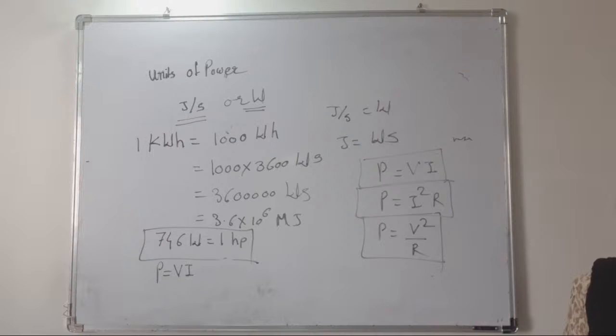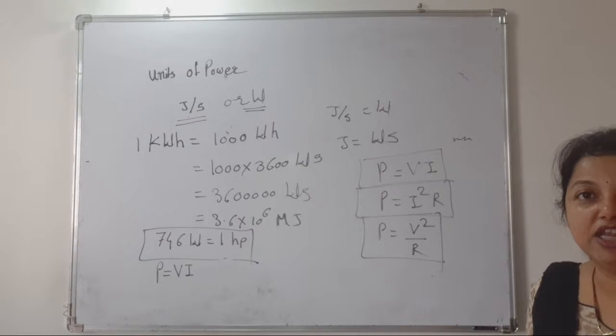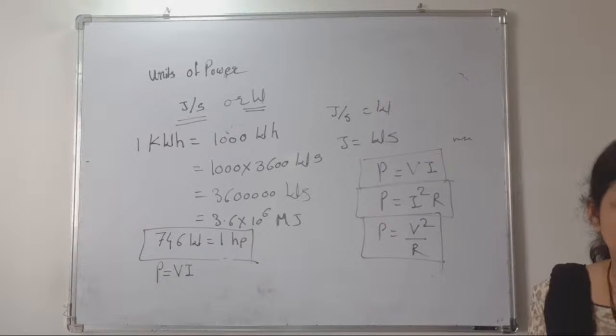This is the exercise example: the power rating of a soldering iron is 25 watt, full stop.